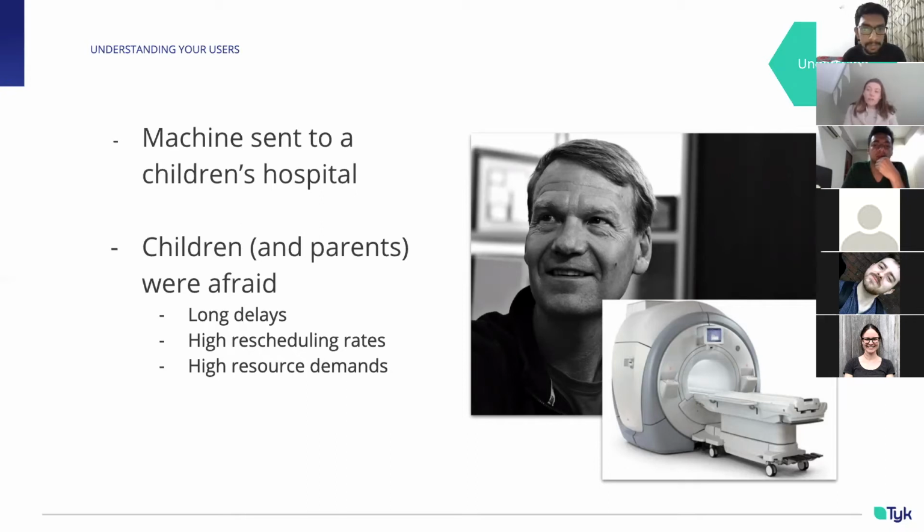And he noticed that for the hospital as well, there ended up being longer delays, high rescheduling rates, and then high resource demands because the kids would maybe need sedating because they were too scared to go into the MRI machine. So he took a step back and thought, I'm not really solving the problem that I set out to solve, which was improving the efficiency and making the best MRI machine I can for the hospital. So he took a step back and started thinking about the users and the context a bit more.